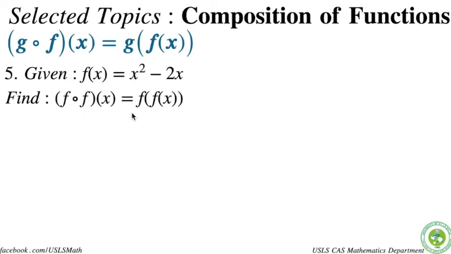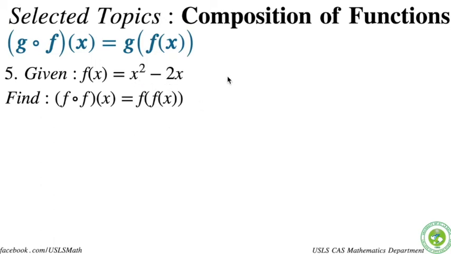Okay, so this is where we will substitute the function on the function itself. So meaning the x's in this function will become x squared minus 2x. Are you with me? Okay, so the x's of this function will be plugged in by the function itself. We call this iteration actually.